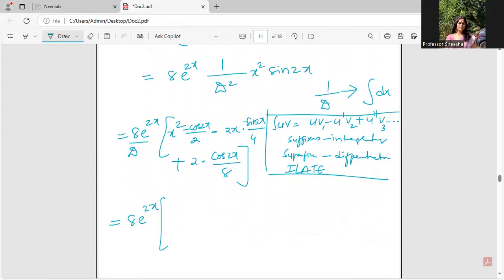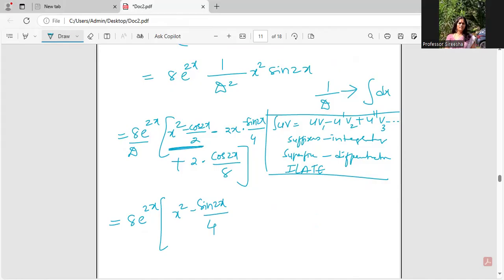So x square is as it is. There's a minus sign. So cos x integration would be sin x only. 2 2's 4. First, I'll finish the UV rule of it and then come to the remaining things.